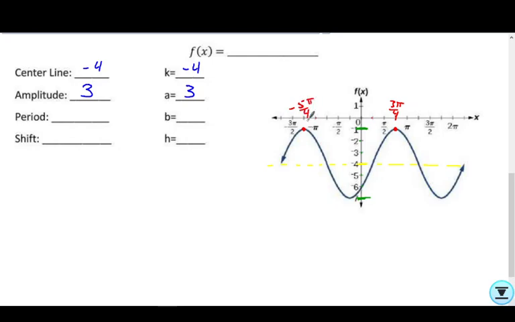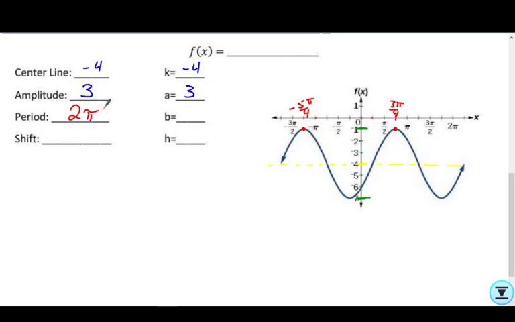Okay, so my total distance is going to be 8 pi over 4, and 8 pi over 4 is 2 pi. So my period is still 2 pi, which means I haven't had a horizontal stretch or compression here.